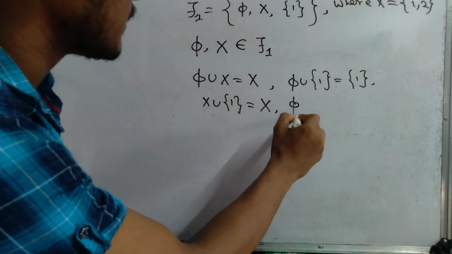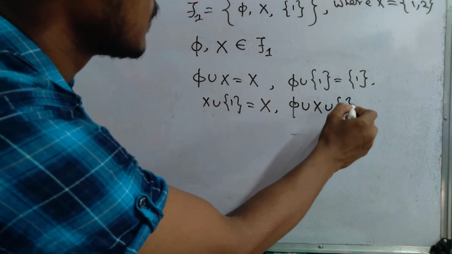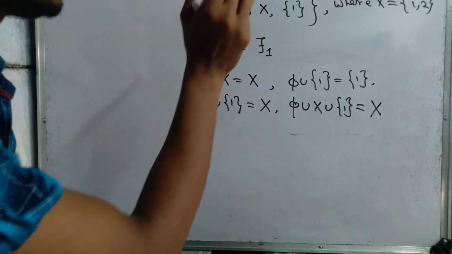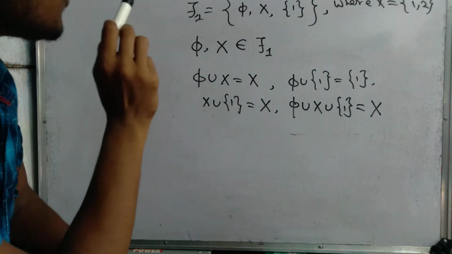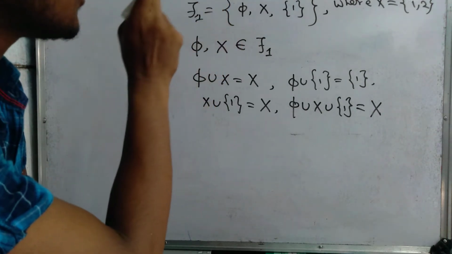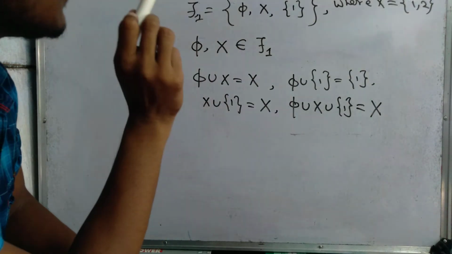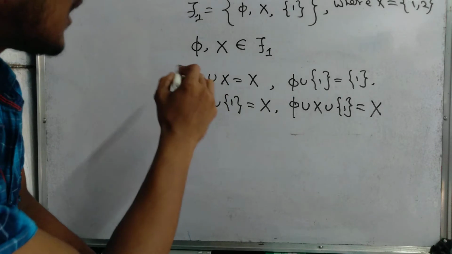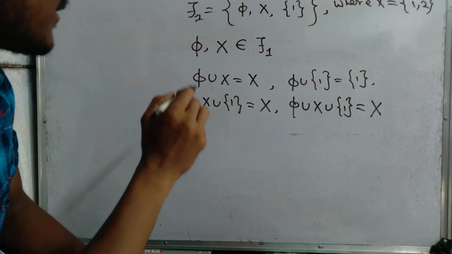Now the union of three sets: phi, X and singleton 1 gives X, and this must belong to tau 1. So taking unions of those sets from this collection, obviously they belong to tau 1. So tau 1 satisfies the second property of the definition.